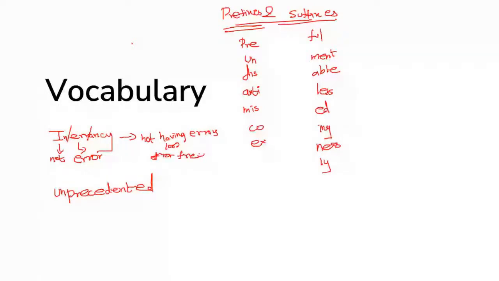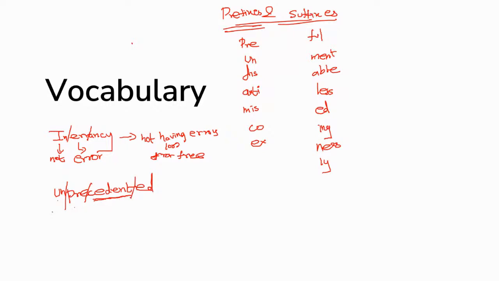And the next one is unprecedented. If you try to split this into prefix, suffix, and root word, most of you will say un as the prefix. But when you identify prefixes, here we are using two prefixes. One is un, and the other is pre. So cedent is the root word used here, and ed is the suffix.